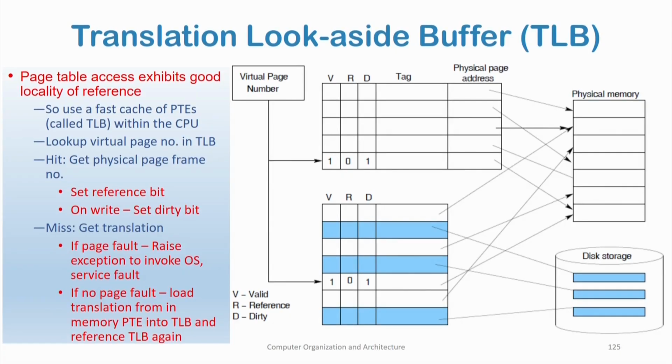However, we use the property of the locality of reference of page tables. So, therefore, here is the first point: page table access exhibits good locality of reference. So, once a page table entry is accessed, it is supposed to be accessed soon again.